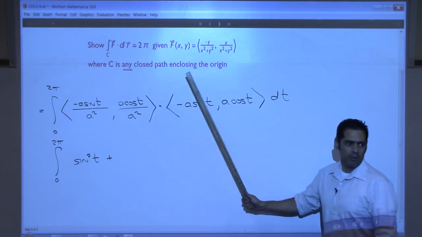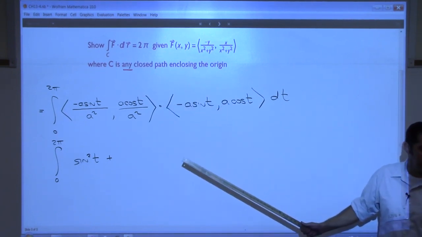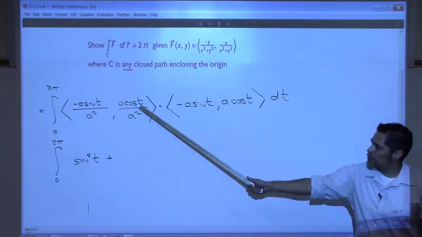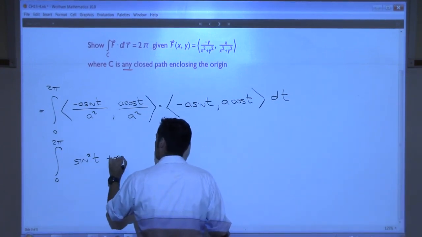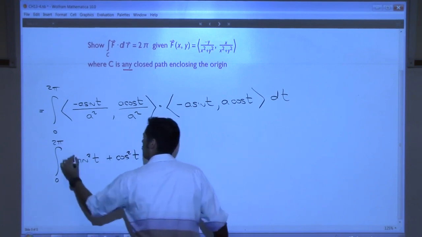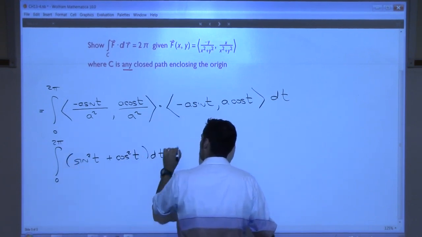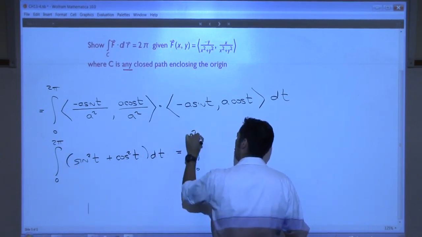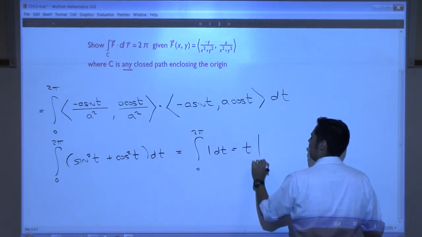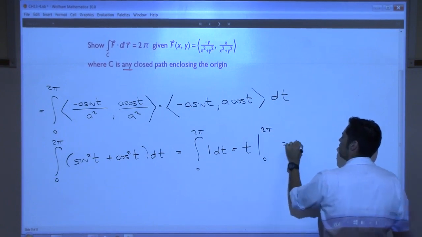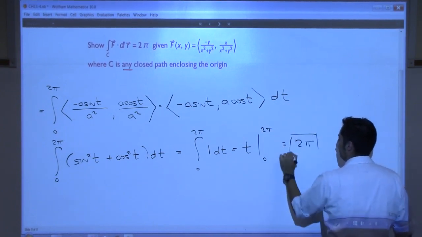A squared cosine squared t over a squared again, doing this one times this one. And the a squareds cancel. You're just left with cosine squared t dt. But that's just the integral from 0 to 2 pi of 1 dt, which is t evaluated from 0 to 2 pi, which is 2 pi.